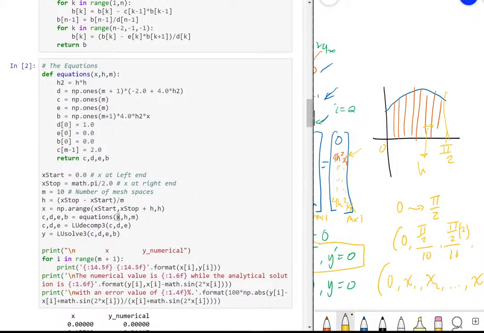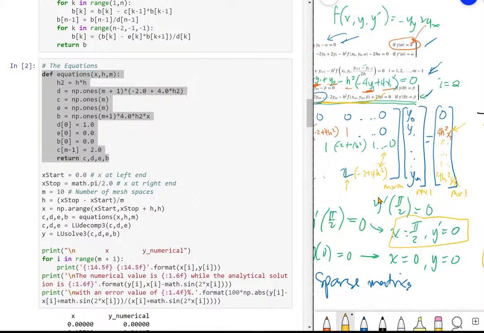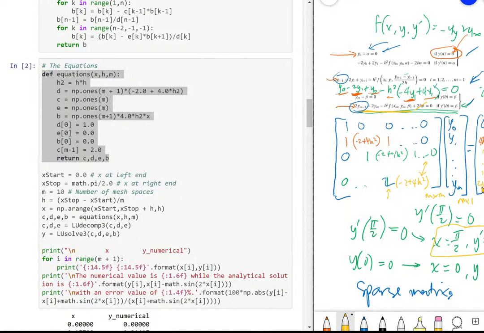So that's the x, and then the h is one value, and then you have the m, which is 10. So we solve the simultaneous equations. If you haven't gone through the numerical methods on solving simultaneous equations, it would be better if you go back to module number 2, I think, the LU decomposition.